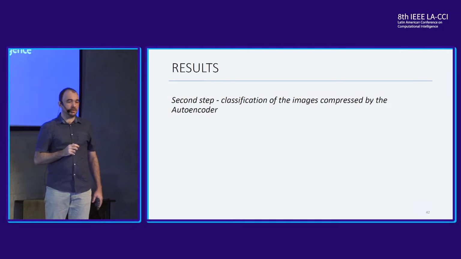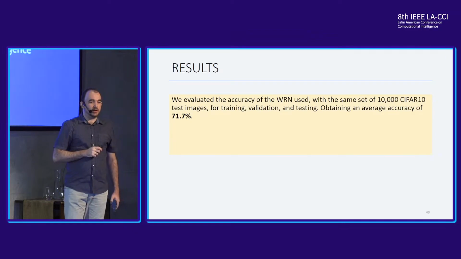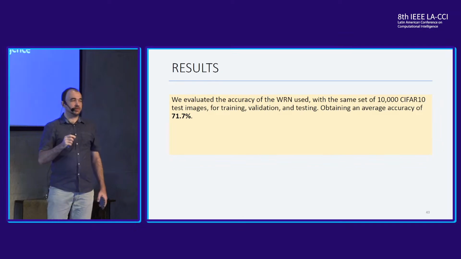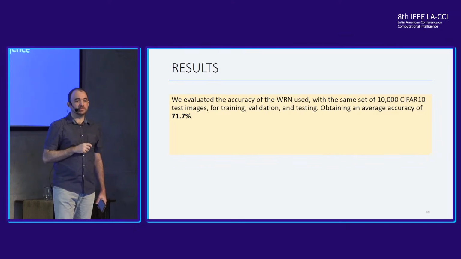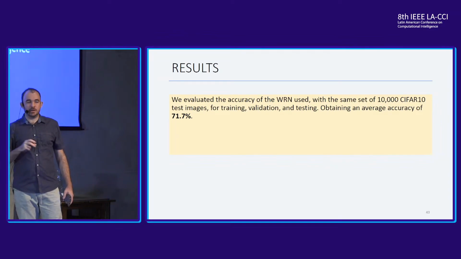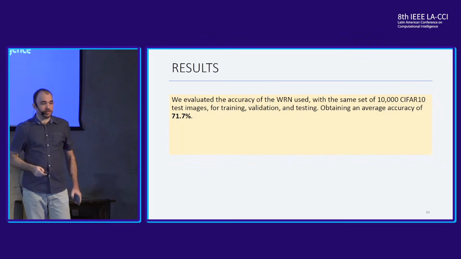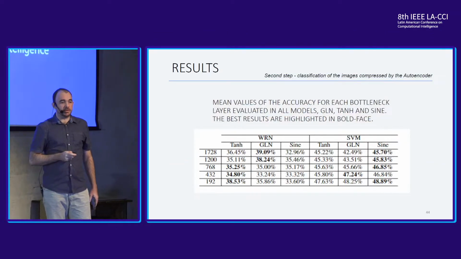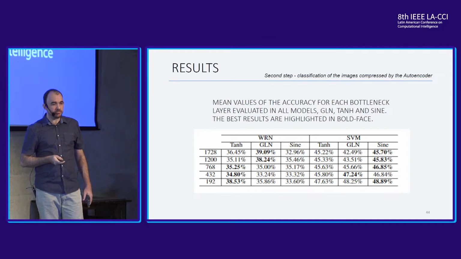Okay, the next step, the result of the classification. We evaluate the accuracy of the wide residual network using the 10,000 images, and we obtain an average accuracy of 70% only for the base for comparison. And here we see the mean value of the accuracy for each bottleneck.